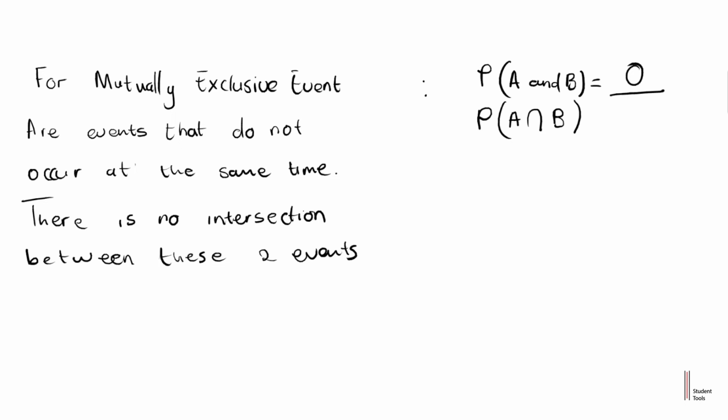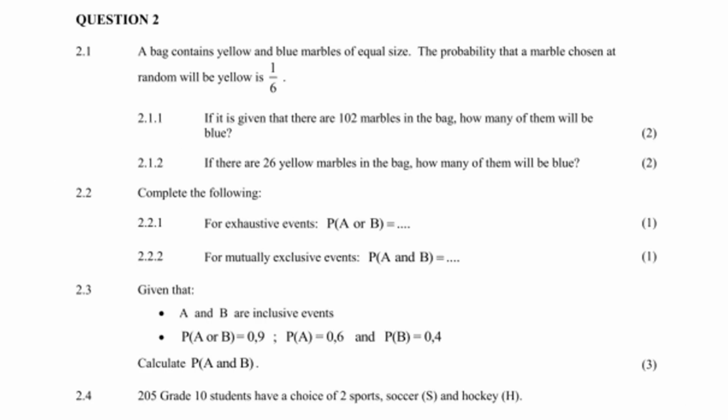Okay, next we have 2.3. 2.3 says we're given that A and B are inclusive events. So what are inclusive events? Inclusive events are the opposite of mutually exclusive events.